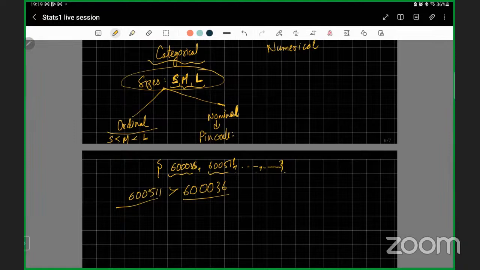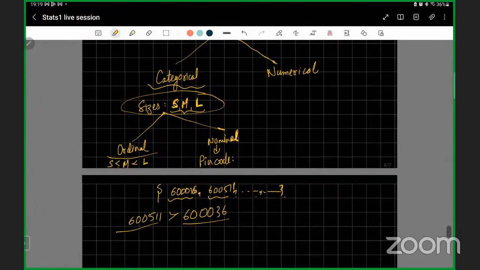That's why we are saying it is not ordinal. First of all, you're not putting it into a categorical variable. You are putting it under a numerical variable. So if you're talking about a numerical variable, you cannot talk about nominal or ordinal. In that case, you have something else.